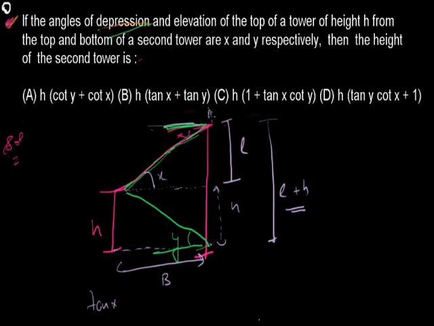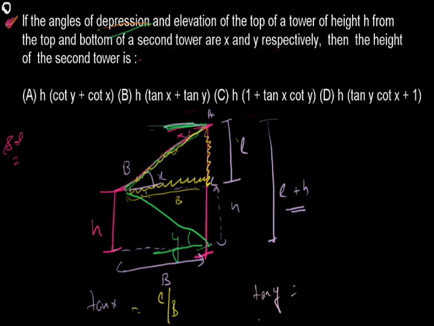Now applying tan x in the triangle ABC. In triangle ABC, this is the angle x. Now tan x is perpendicular upon base. The perpendicular height is this L and the base is b. Therefore tan x is L upon b. Similarly tan y.